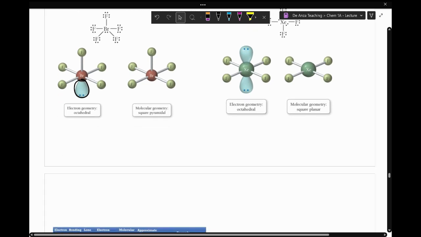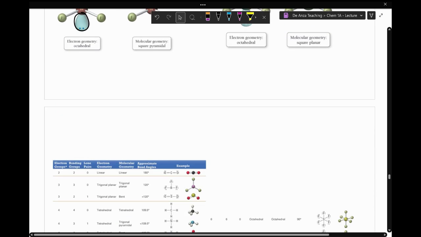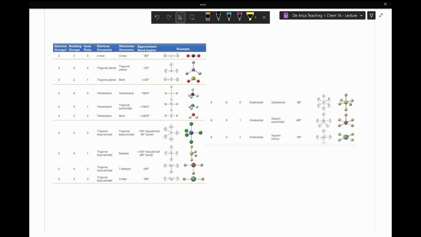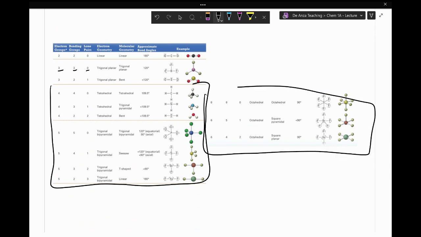Okay. And then this is just a table summarizing our different electron geometries and molecular geometries. So when you have a set number of electron groups that are bonding and having lone pairs. And so you can take your time to look at this. We've effectively talked about all the different options for this part of the table as well as this part of the table.